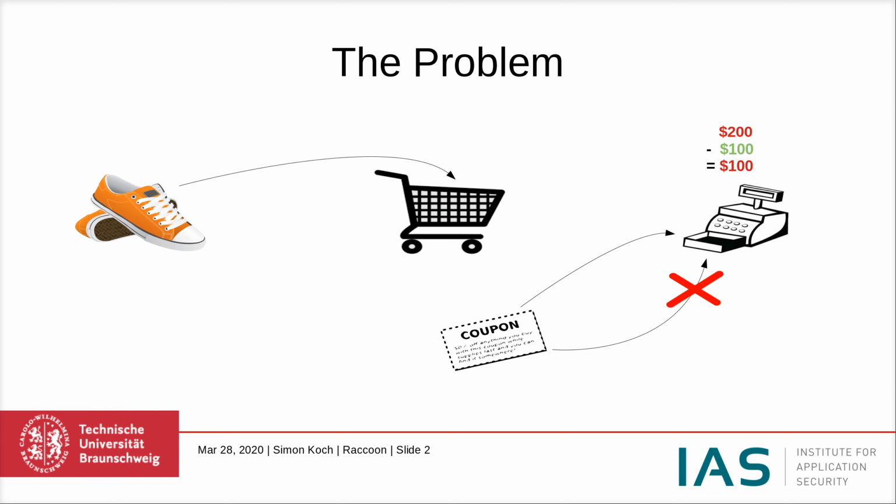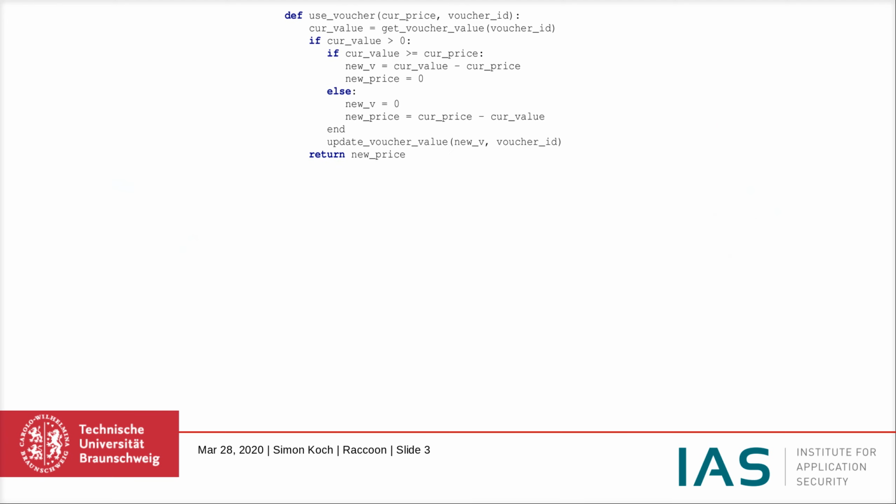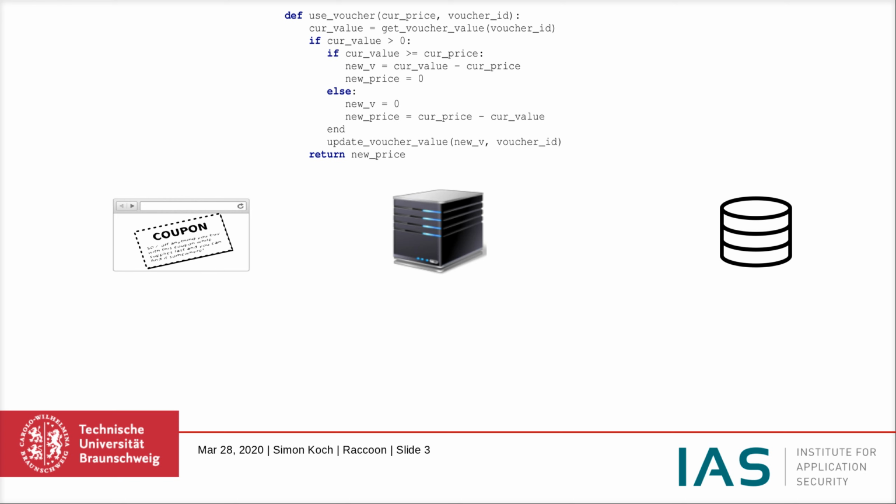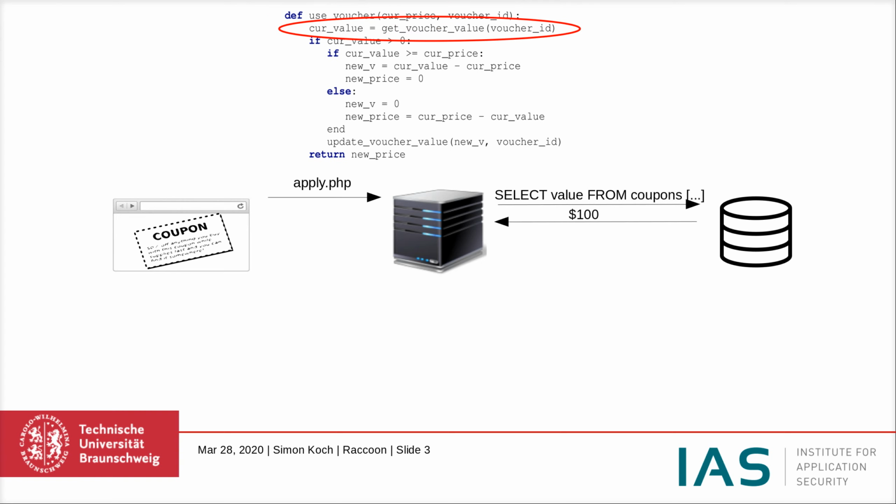How might the code for this process look like? This is a pseudocode example of the code that applies the coupon value on the shopping cart price. The function is called as soon as the user is asking the server to apply the coupon. And the first thing the function does is requesting the value of the coupon from the database.